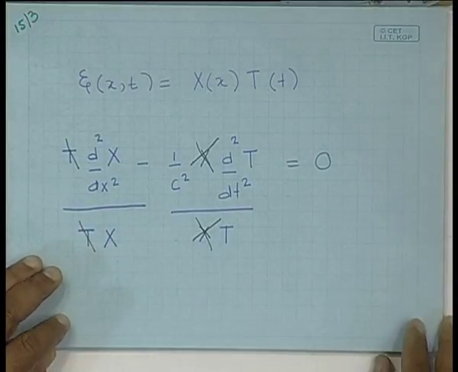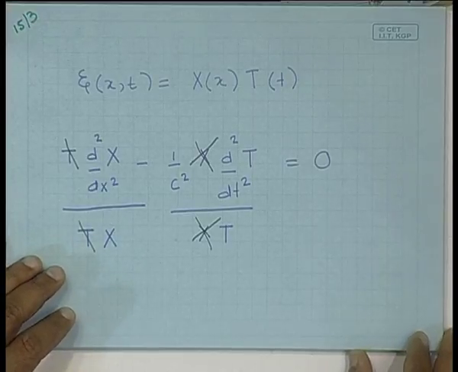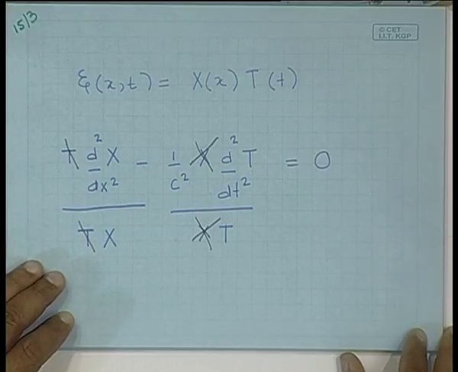And we had proceeded to look for solutions by the method of separation of variables. So, in this method what you do is you assume that xi, the displacement, the disturbance, is a function of x and t.